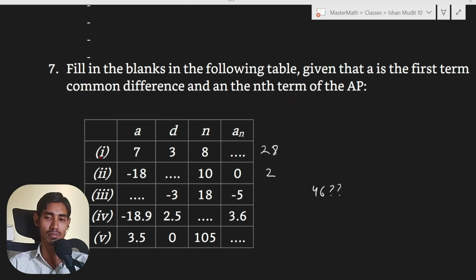The fourth one also, you got, Mudit? All right.